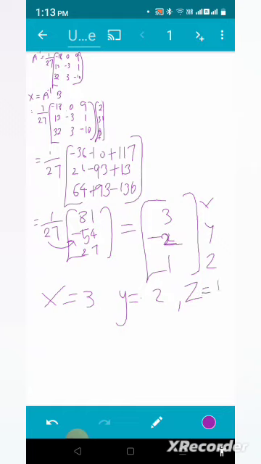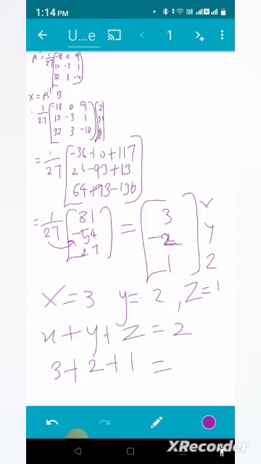Hence we can verify by using equation number 1. Equation number 1 is x plus y plus z is equal to 2. So we can put the x, y, z values. Sorry, y value is minus 2.